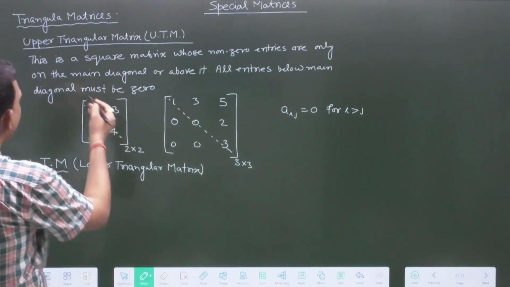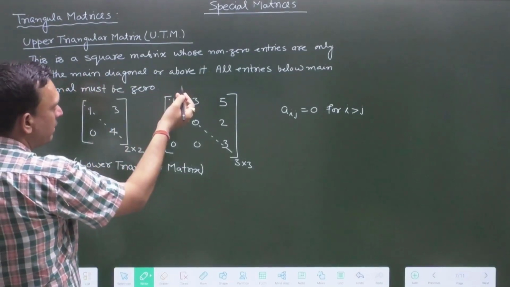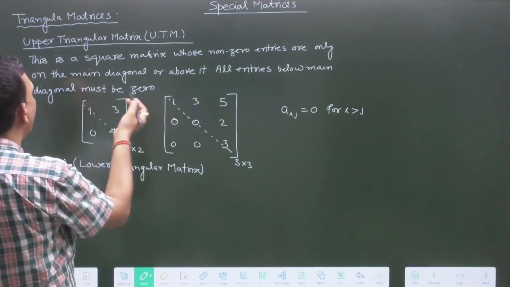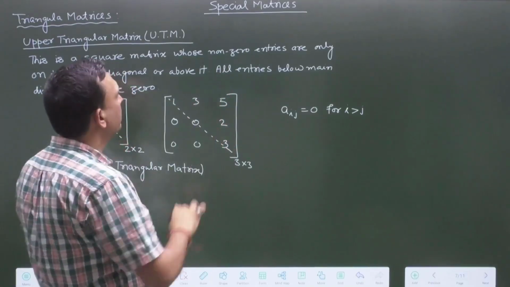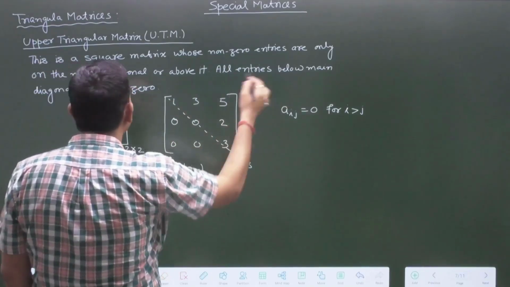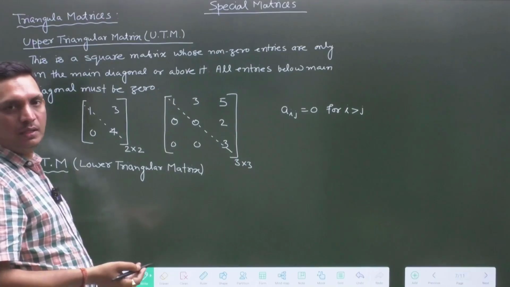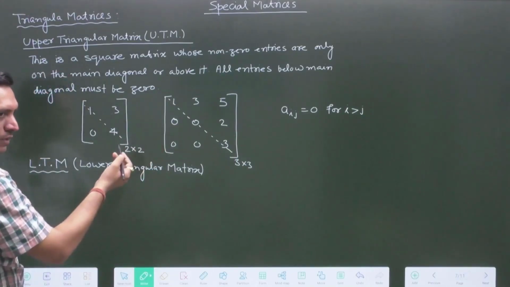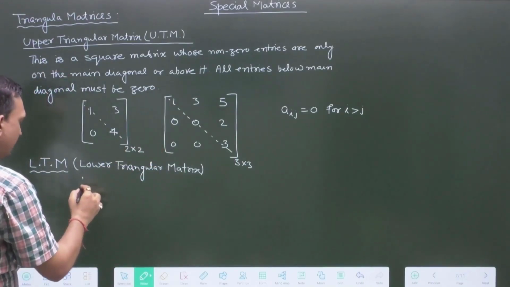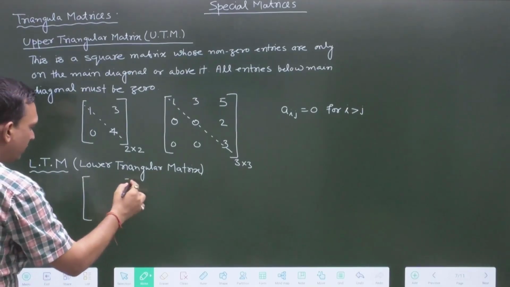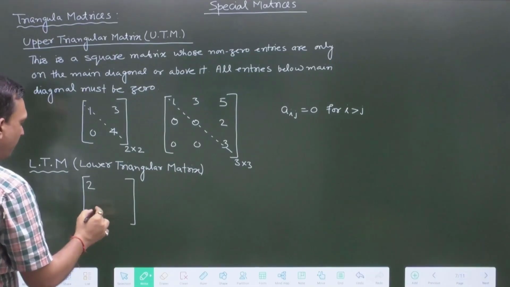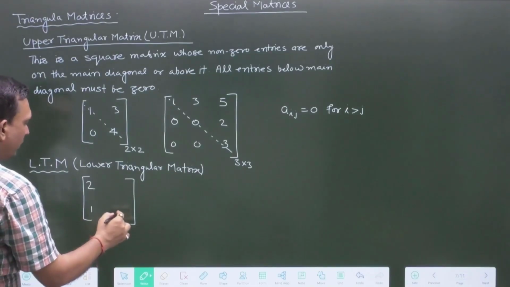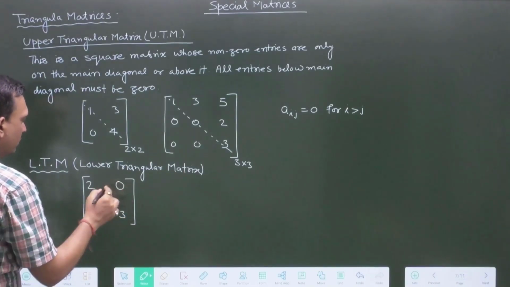In the same way, you will say that it's a square matrix whose non-zero entries are only on the main diagonal and below it, whereas all the entries above the main diagonal must be 0. I am just giving you example definition you can write. So here let's say it is 2, 1, 3, and this is 0.